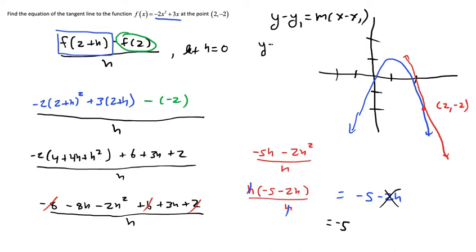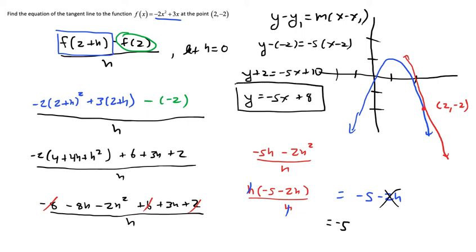We get y minus negative 2 is equal to negative 5 times x minus 2. So just a little simplification here: y plus 2 equals negative 5x plus 10. We'll subtract the 2 here, so y equals negative 5x plus 8. So the equation of the tangent line here is y equals negative 5x plus 8.